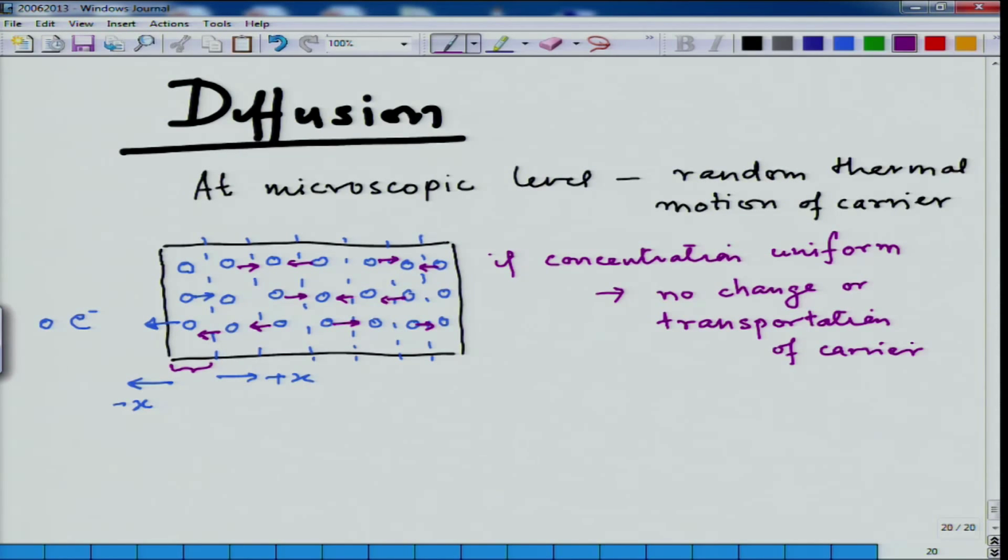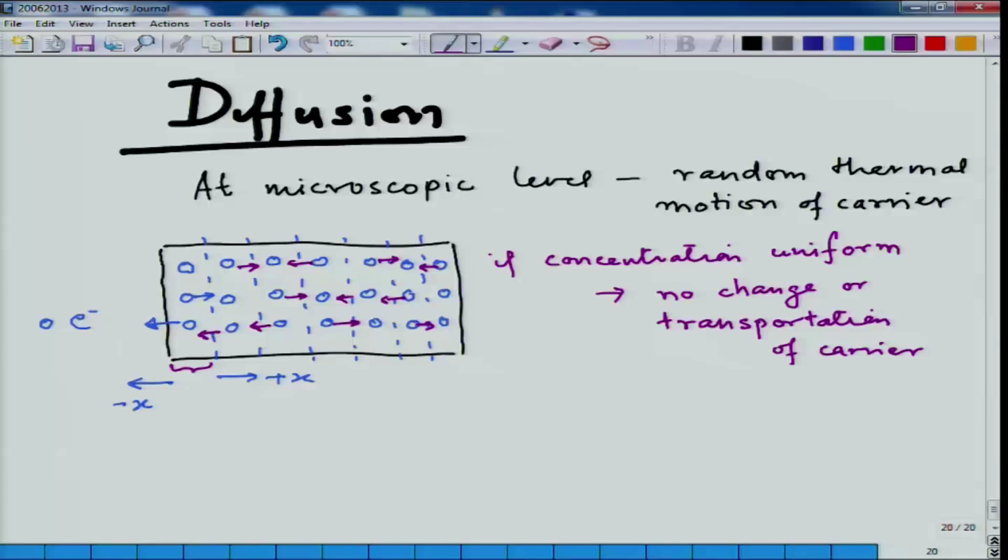So, when does it become important? Diffusion becomes important when we have a non-homogeneous carrier concentration in the material or in the device structure, which could be a heterostructure or a multi-layer. Why is that possible?